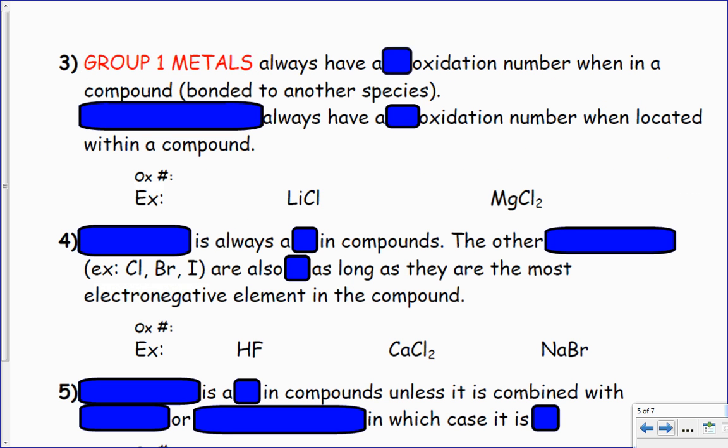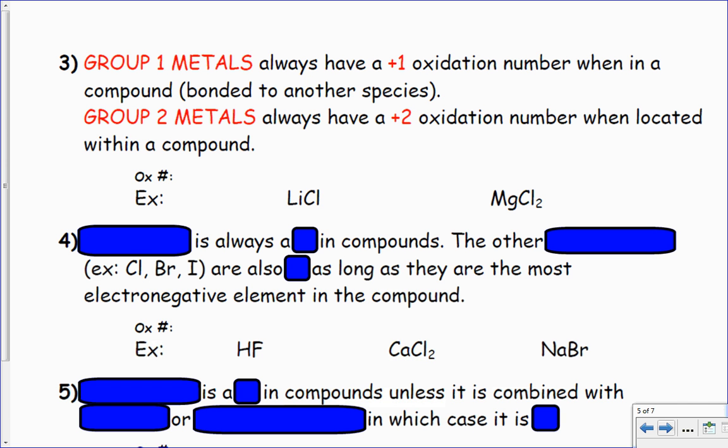Group 1 metals always have a +1 oxidation. We did that in the periodic table. Group 2 metals always have a +2 oxidation number. So I need to find the oxidation numbers of these. Lithium, I look on the periodic table, is a +1. I have 1 chlorine, it's a -1.